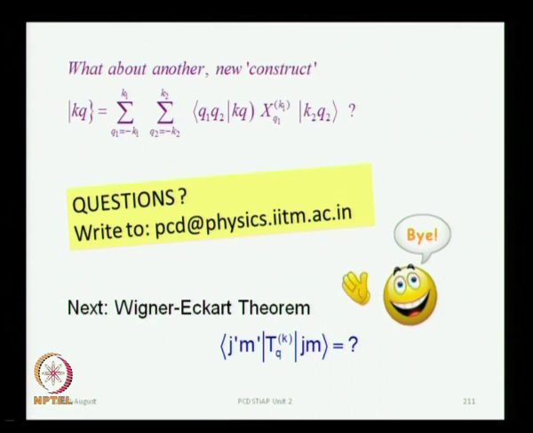Now just ask yourself, what would happen if you take a projection of this vector on an adjoint vector? If you take a projection, so this is now a ket, you construct a scalar which is a bracket, okay, that is how you get the projection of a ket, right.